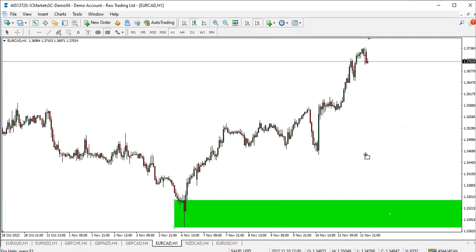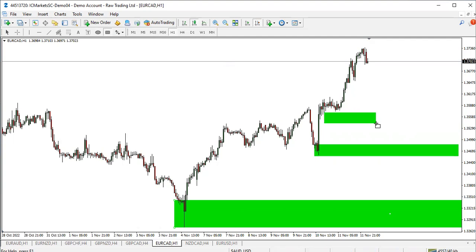On the H1, a buy can also be taken here, provided it gives a good buy pattern. So for this one, I'm hoping it will take out these liquidities lying around here, goes in here, and makes a good buy.